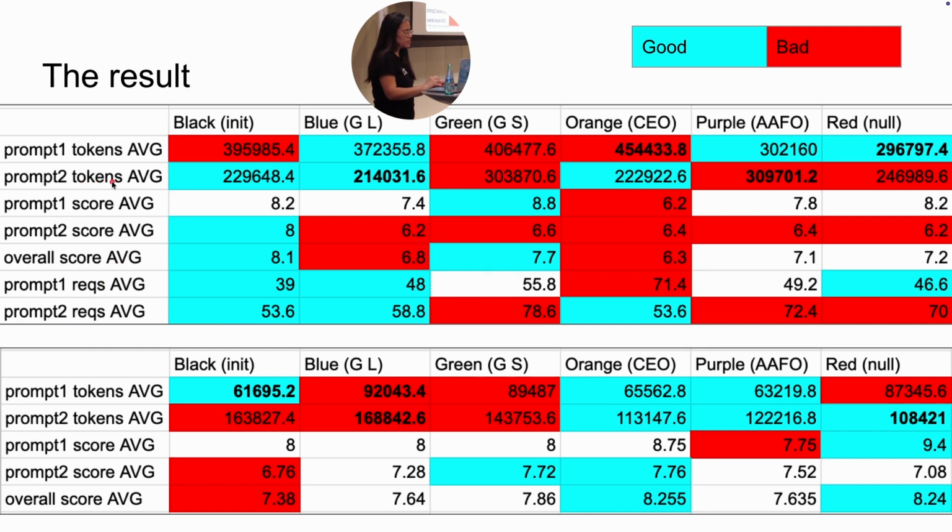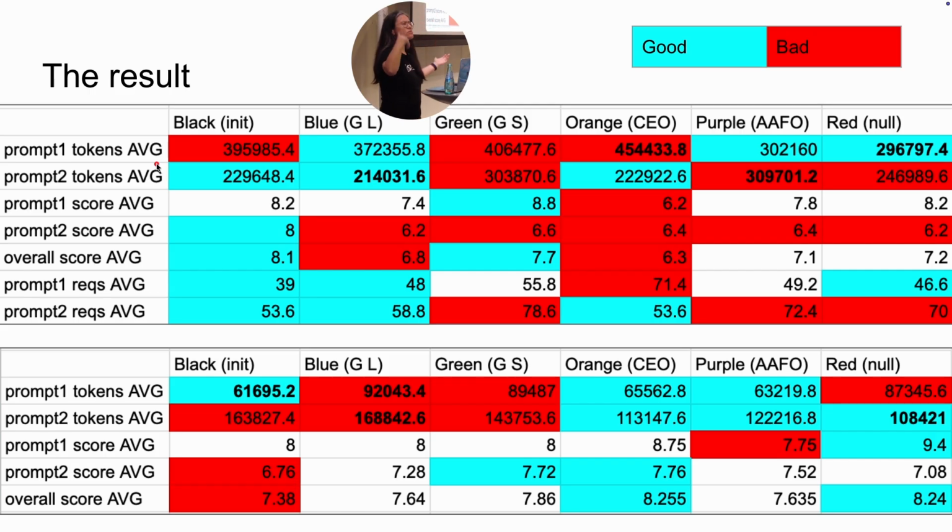I forgot to put here on the top that we have the results for Gemini, and on the bottom it is for Claude. You see, the only difference is that for Gemini I also have the number of requests. And so we have the average token. Since I had 5 runs, I did the average.